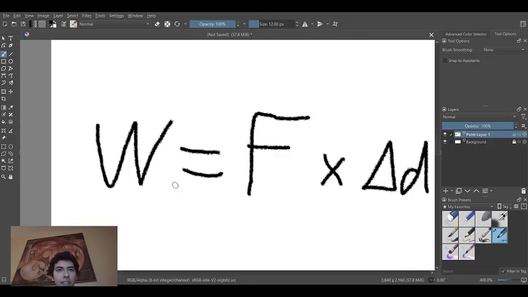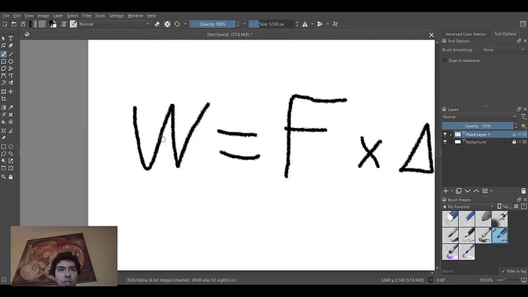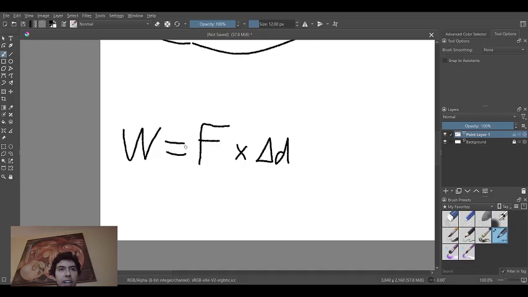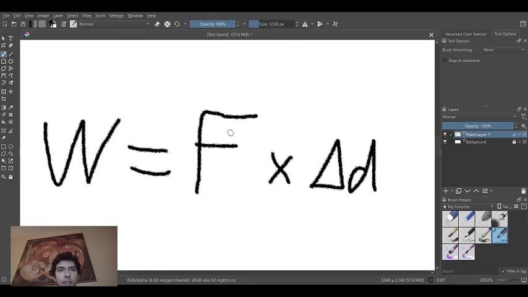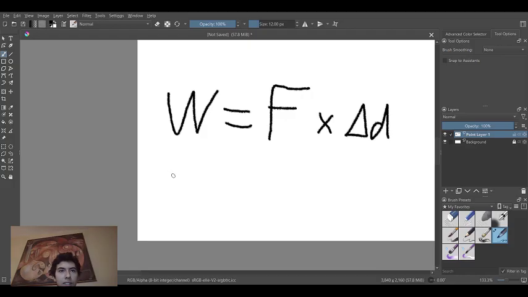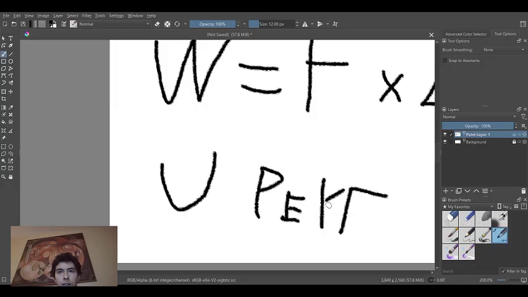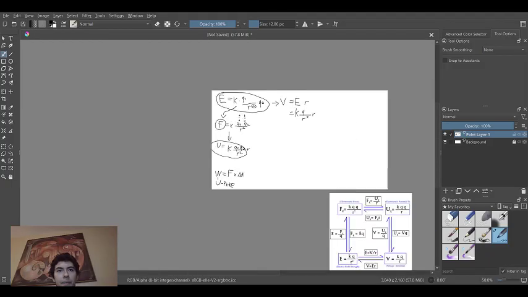This means that the work applied to an object, and therefore the stored energy inside of this object, is the product of the force applied over the distance. Work is the same as U, because U, W, PE, and KE, as I discussed with you another day, are all forms of energy that is stored inside of an object.